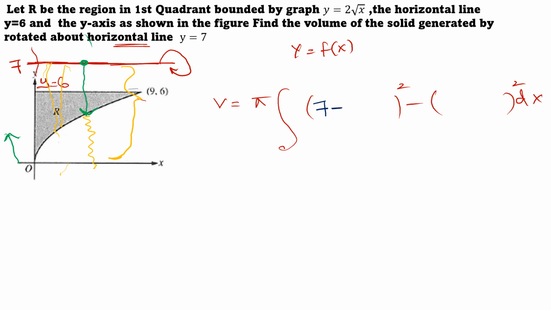And what is the curve? The curve is 2 square root of x, minus the nearest one. The nearest one is this one, right? From here till here, it is 6, or you can say all from down to up. So the total distance is 7 minus 6. In both cases, you can read it either way.